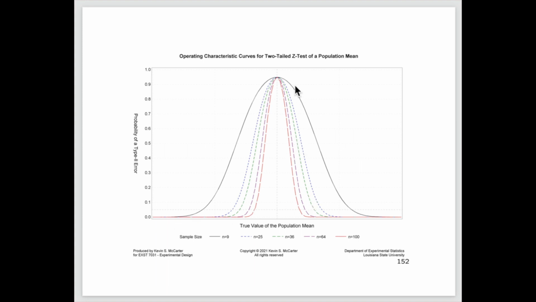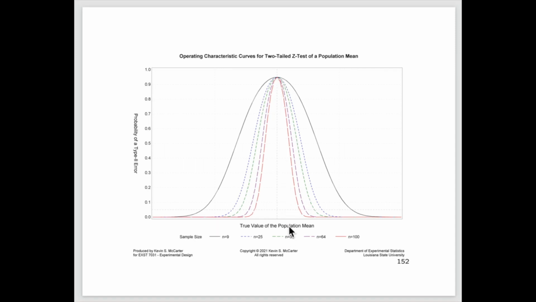So again, the closer that the true value of the population mean gets to mu sub 0, the probability of failing to reject that false null hypothesis, in other words, the probability of committing a type 2 error, gets larger and larger and closer and closer to 0.95.